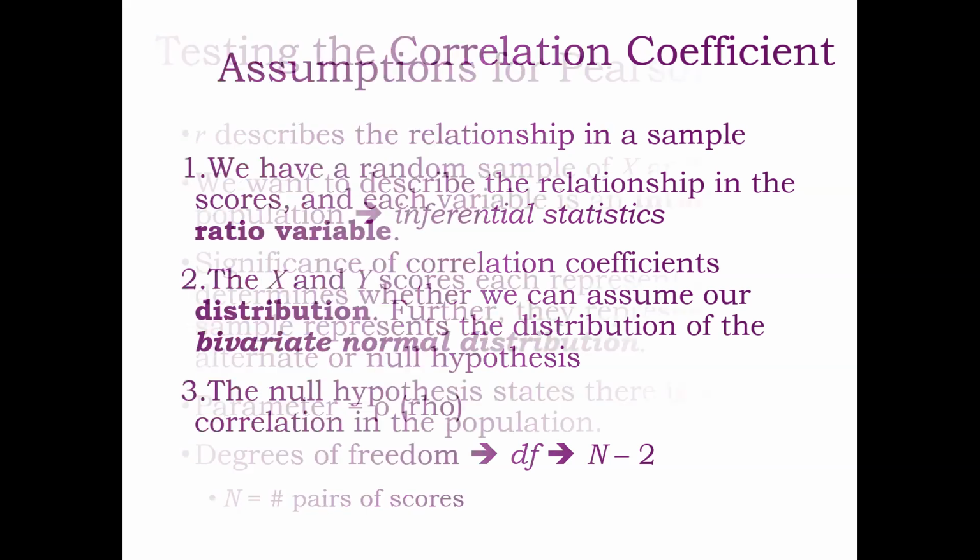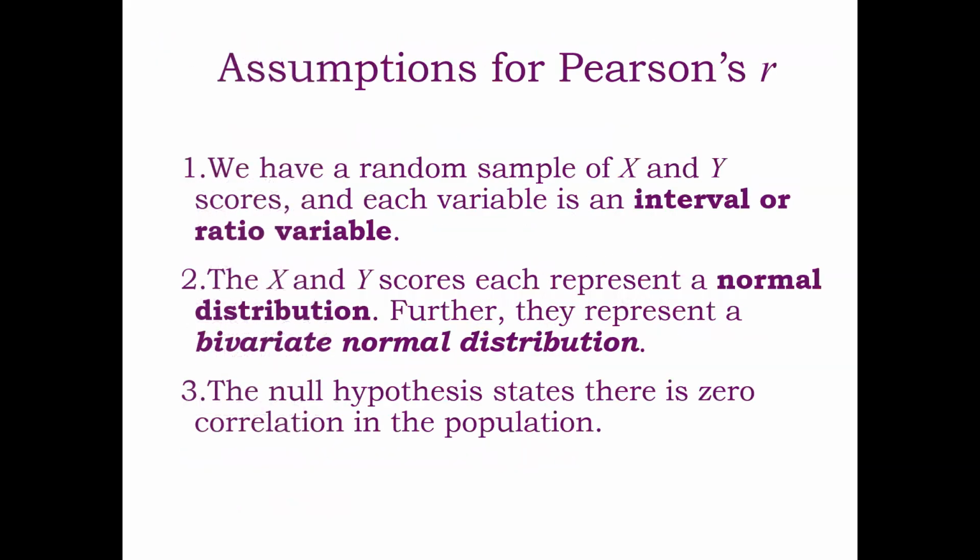Our assumptions for Pearson's r are that we have a random sample of X and Y scores, and each variable is an interval or ratio variable, a continuous variable, scale in SPSS. The X and Y scores are each from a normal distribution, plus they represent a bivariate normal distribution. That means the distribution of the correlation between the scores is also normal. The null is that there's 0 correlation.